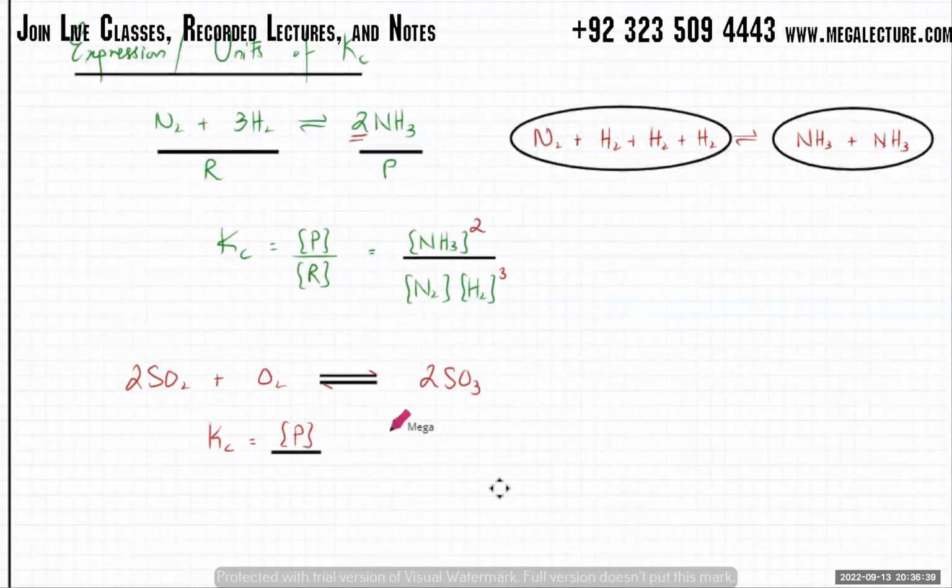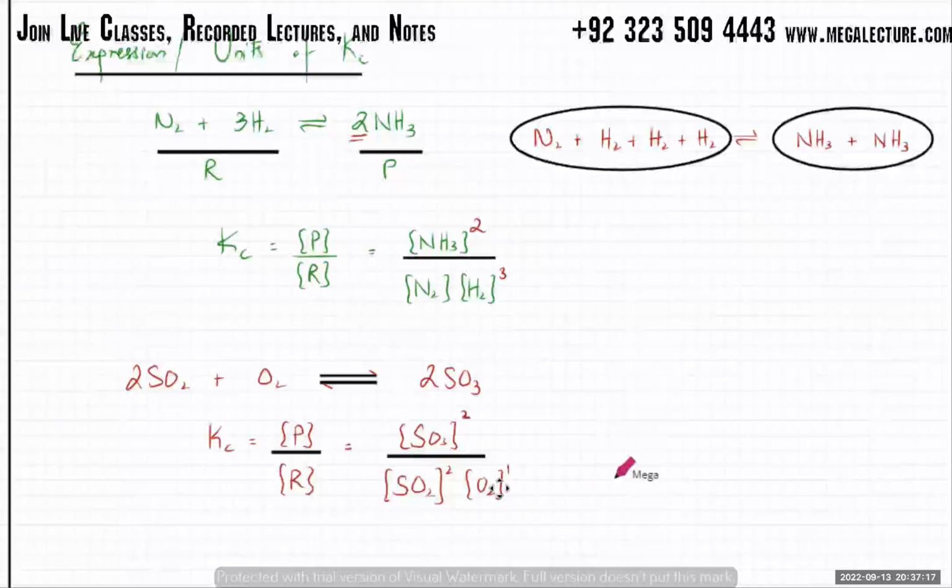My product in this case is SO3, and remember, either write SO3 times SO3 or SO3 squared. So the coefficient becomes the power. And that's divided by my reactants. What are my reactants? It's SO2 squared and O2 concentration, that's going to be power 1. That's going to be my expression.